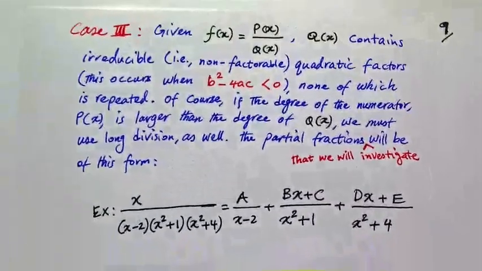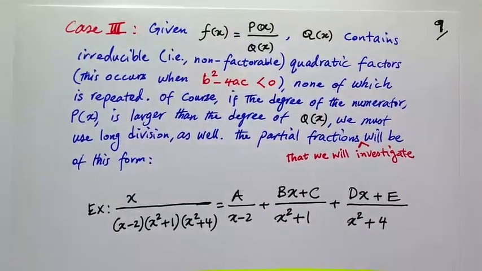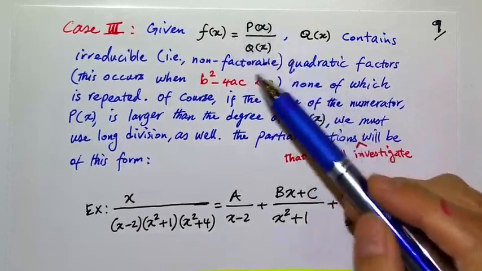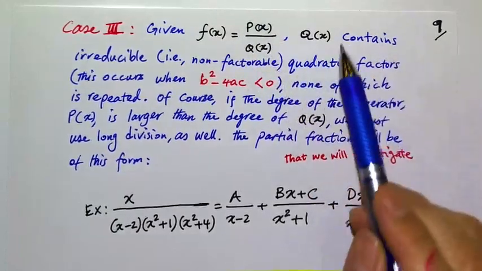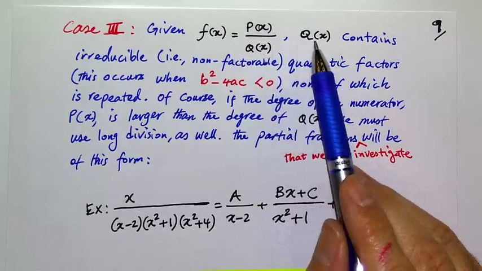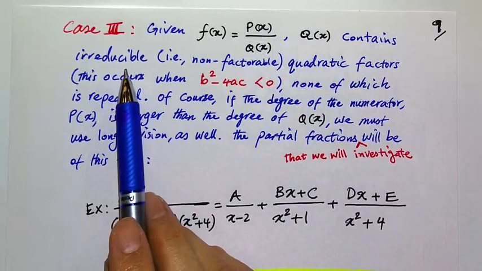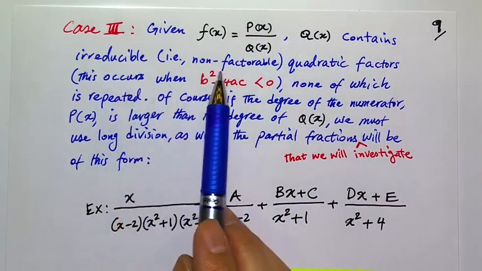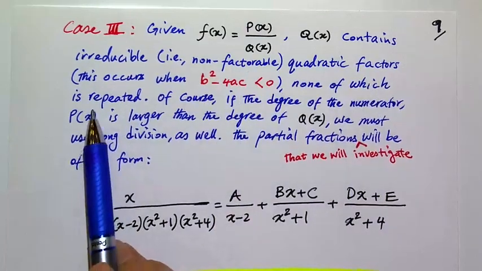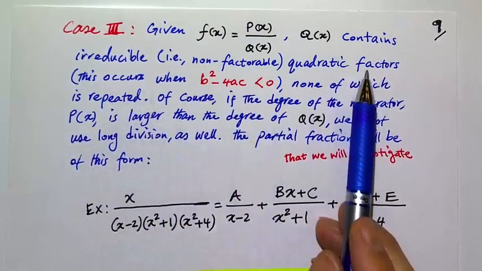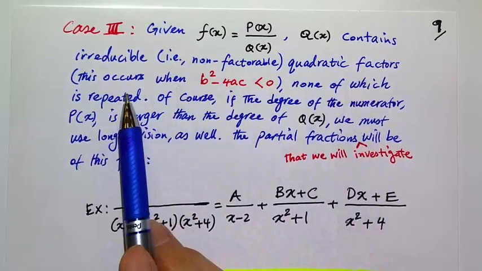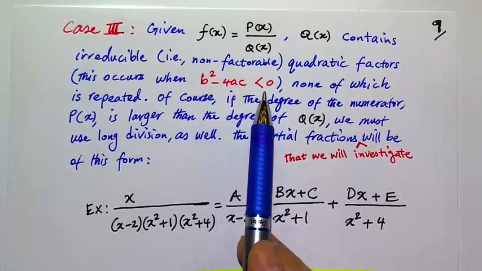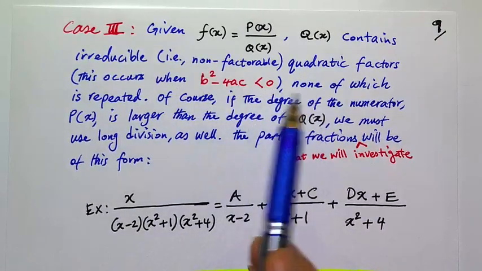All right, so next we have case 3. Case 3 is such that we have a rational expression where the Q(x), or the denominator, contains irreducible or non-factorable quadratic factors, which occurs when the discriminant is less than 0, none of which is repeated.